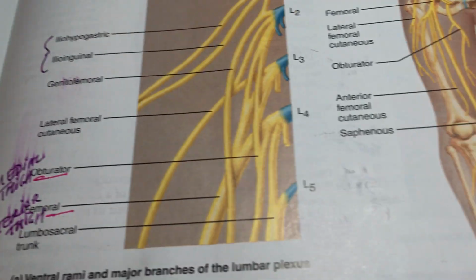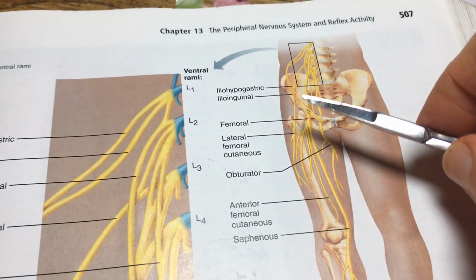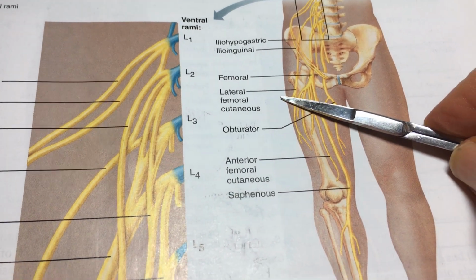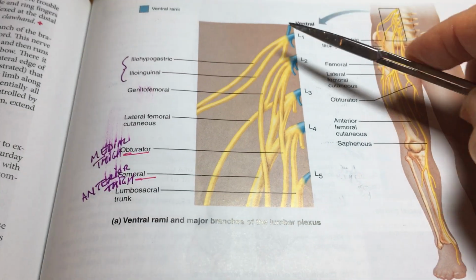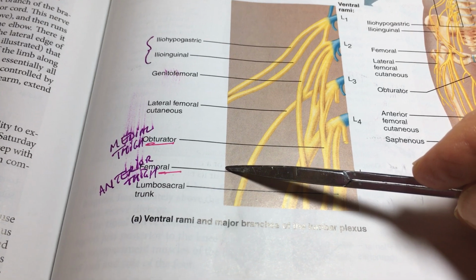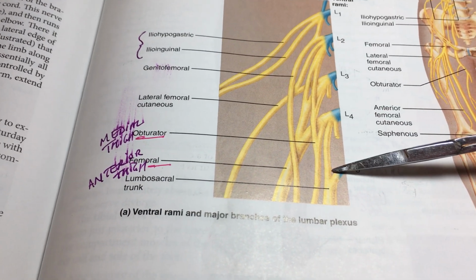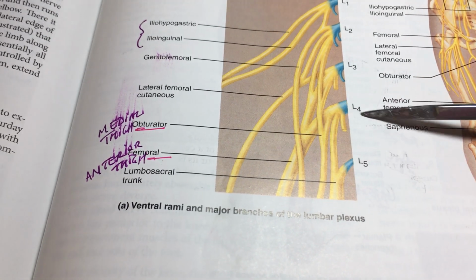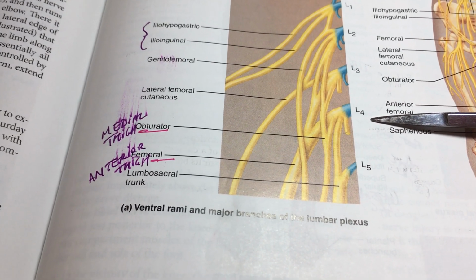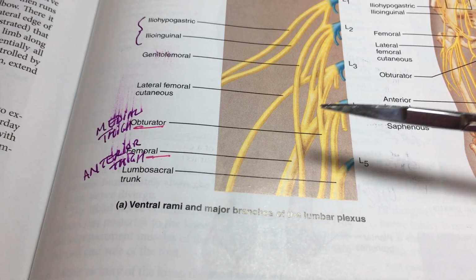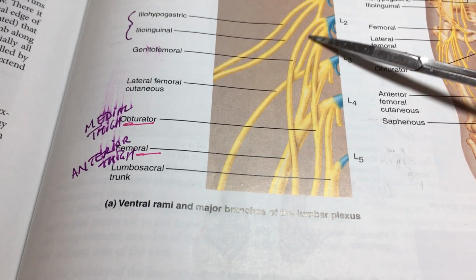Here it is, right over here. Okay, so L1, 2, 3, 4, coming on down. Notice that? And notice that from this more medial aspect here, we get the obturator, in a slightly more lateral arrangement over here.